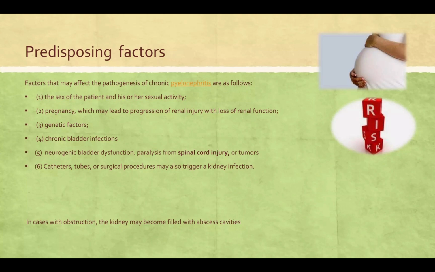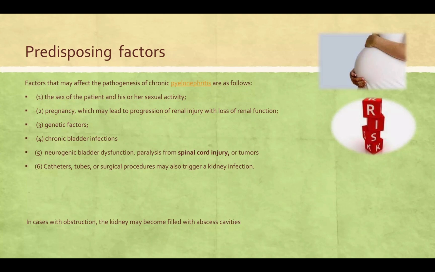Some genetic factors are also predisposing, and chronic bladder infection will also lead to chronic pyelonephritis, as does neurogenic bladder dysfunction, which is mainly from paralysis due to spinal cord injury or tumors.